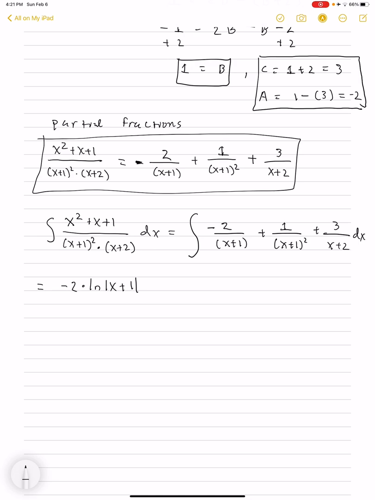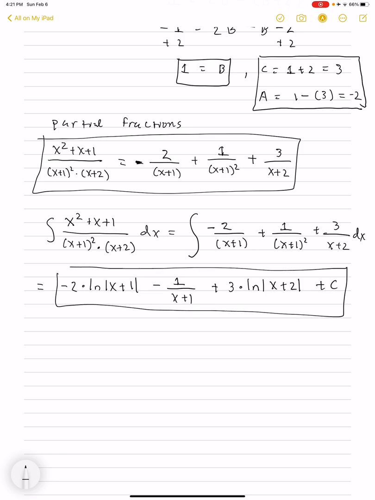And the details are above in the review. Minus 1 over x plus 1 plus 3 times the ln of absolute value of x plus 2, and then we add our constant. And that is the antiderivative of this item.